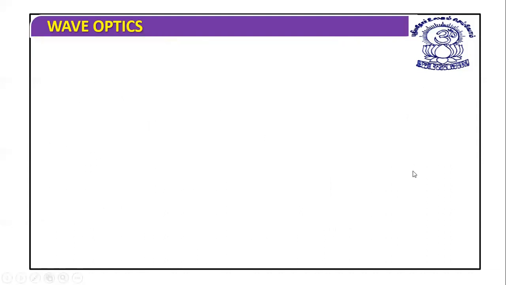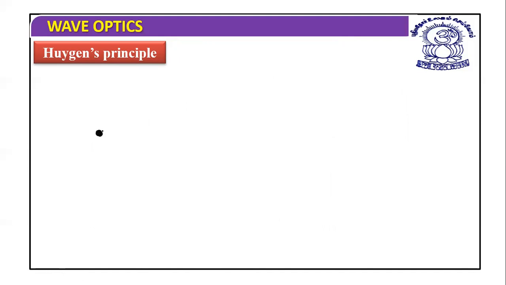Let us understand Huygens' principle. Consider a point source which emits primary waves in all the directions.